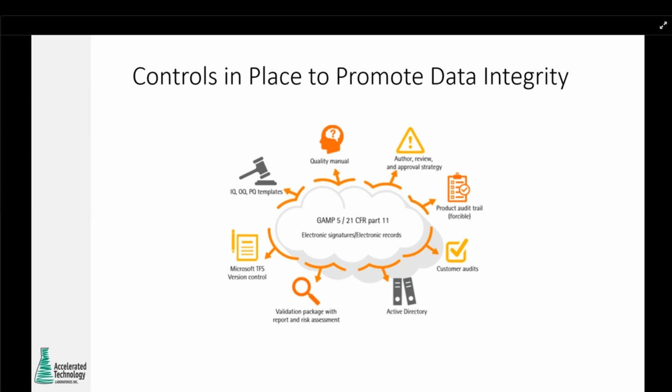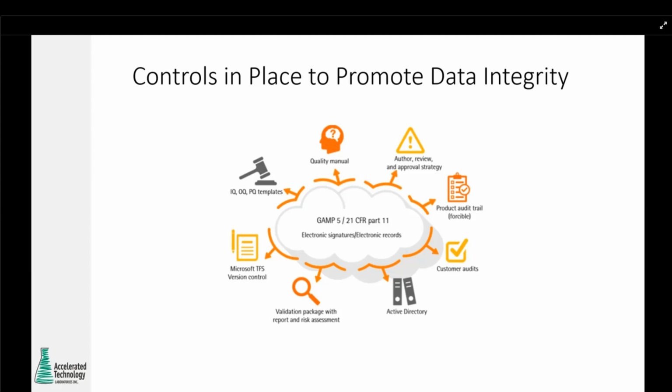Now this slide basically shows a few of the controls in place that help to promote and enforce data integrity. We talked about the IQ, OQ, PQ, the laboratory's quality manual, document control system for author review and approval, audit trails that require a reason if there is an audit that is spawned, customer audits and the findings of those audits, Active Directory to ensure that there's secure login, validation package with reports and risk assessments, and these can be generated within the laboratory or a third-party firm that specializes in validating commercial software.